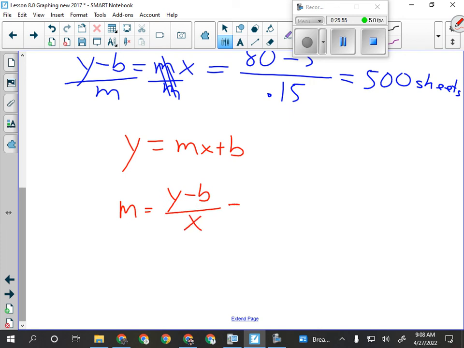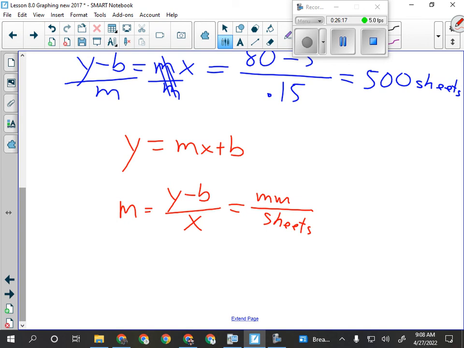Okay, so these are both y values, and what's on the y-axis is millimeters. What's on the x-axis? Sheets. My units for m are millimeters per sheet.